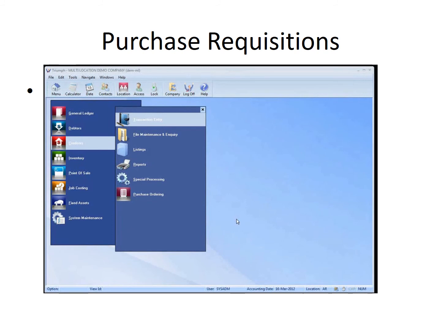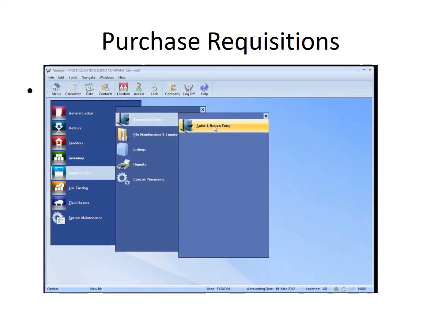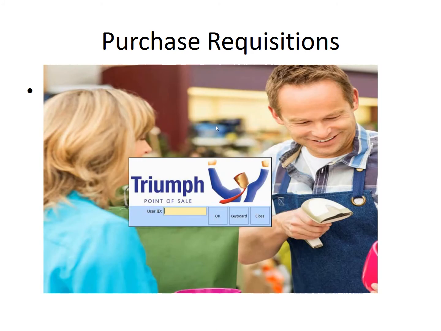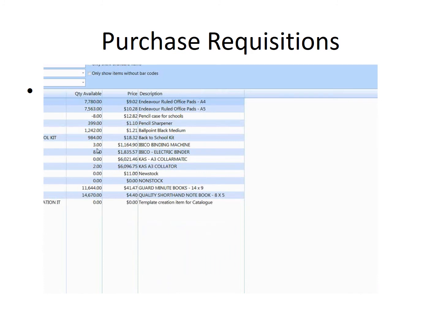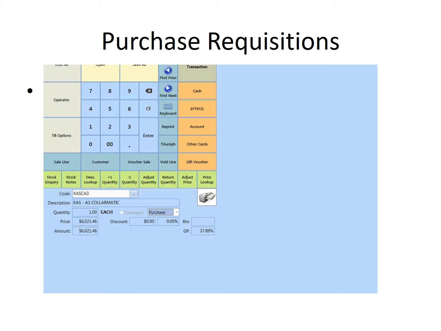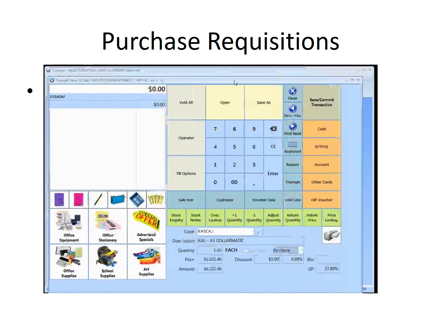Purchase requisitions can also be generated from a couple of other different places. So if we just went to point of sale, transactions, logged into point of sale for a moment, and if you actually pull up a stock item in point of sale, look at this, when you actually raise an item for point of sale that isn't actually available, you can actually purchase or transfer it from different locations.